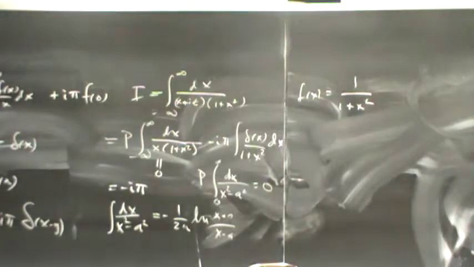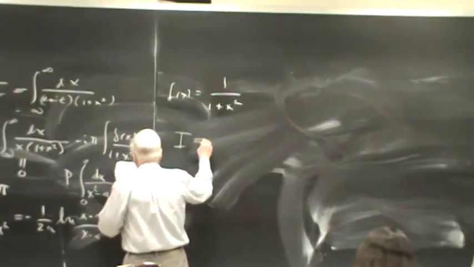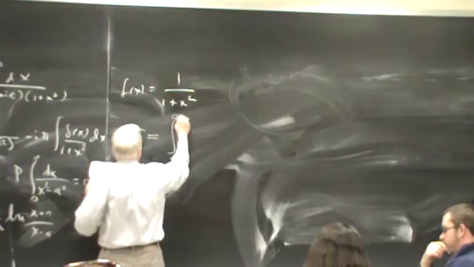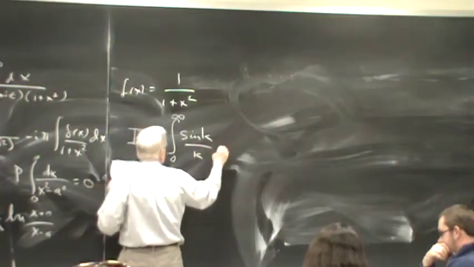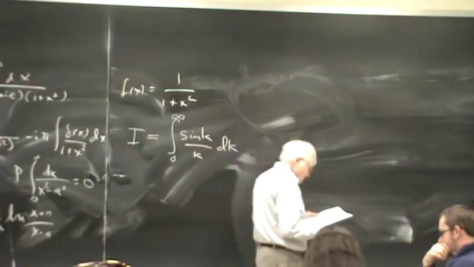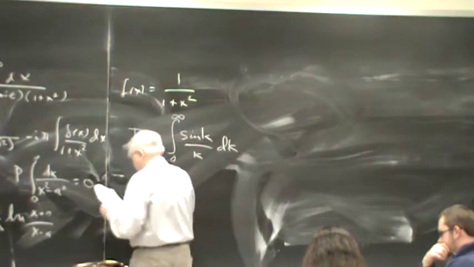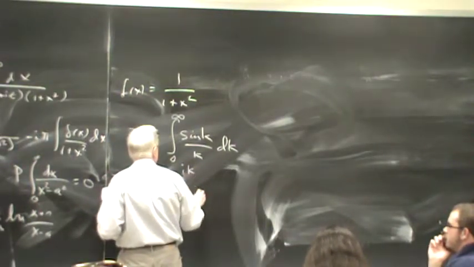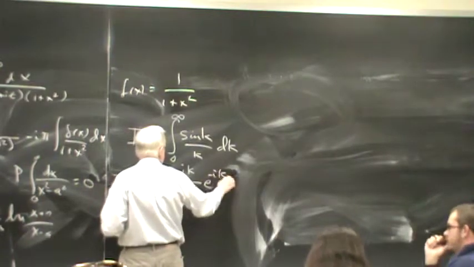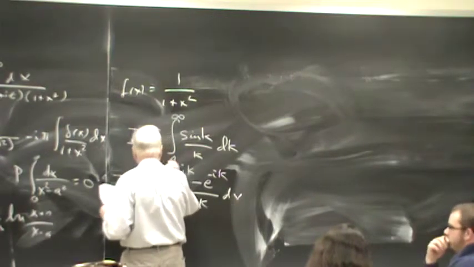All right, let's try another integral where we can use Cauchy's trick. Namely, this is an integral that also comes up in physics lecture: the integral of sine k over k dk. So what do we do about this? Well, we set that equal to the integral of (e to the i k minus e to the minus i k) over 2i k dk, from 0 to infinity.